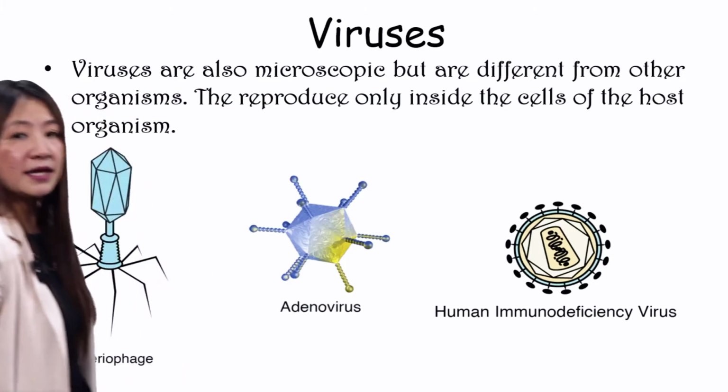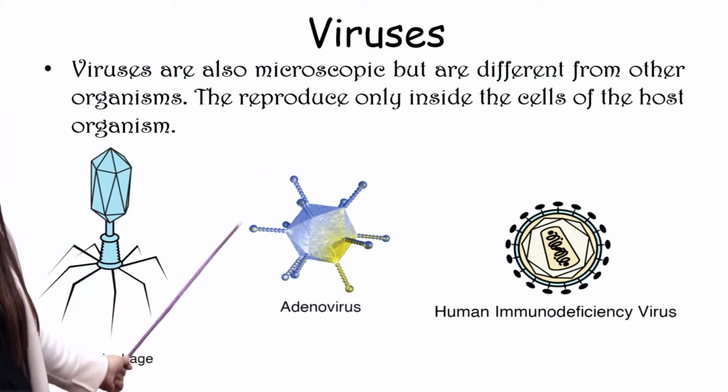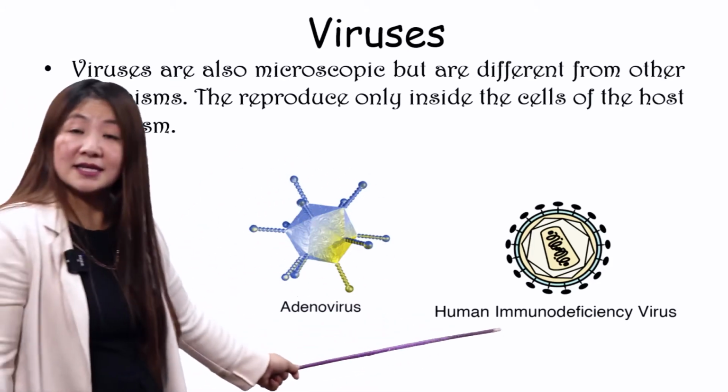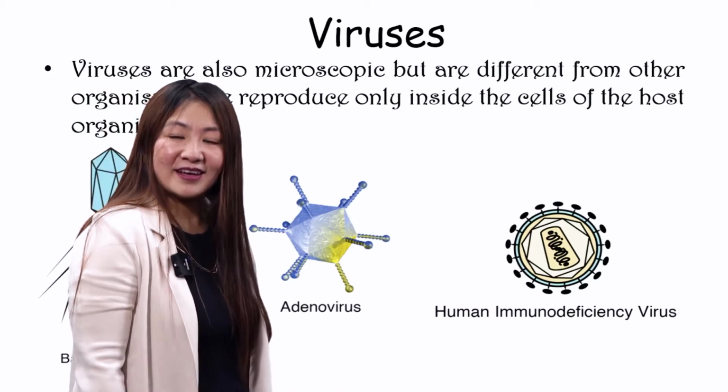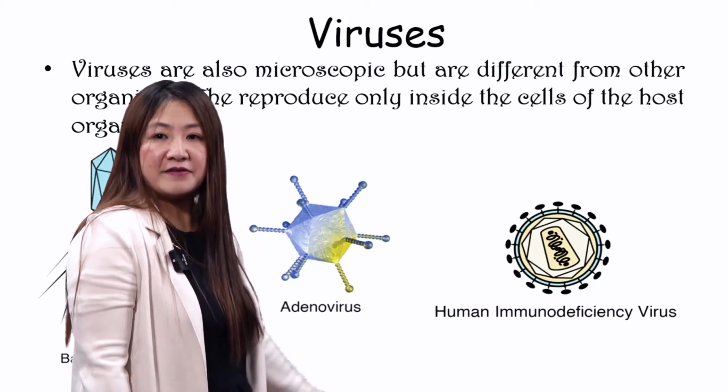Like, see, some viruses, let me show you. This is a bacteriophage, a very common virus. They look like this. See all these feet. And this is adenovirus, which is a little circular in shape. And this is HIV, which causes AIDS, human immunodeficiency virus.